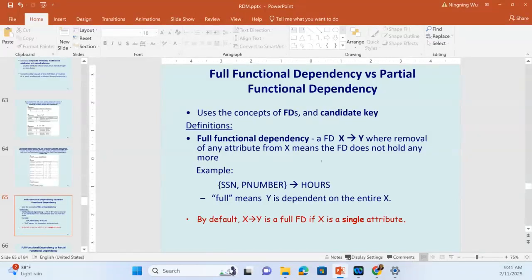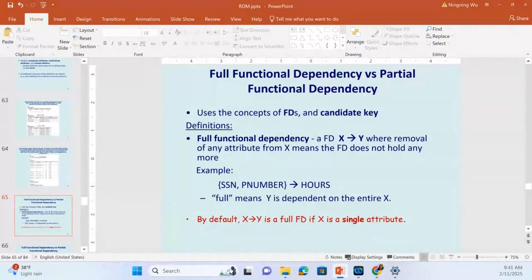Here is one example: SSN and P number determine hours. This is considered a full functional dependency, because in order to identify the hours for a specific project of an employee, we have to know the employee's SSN and project number together.